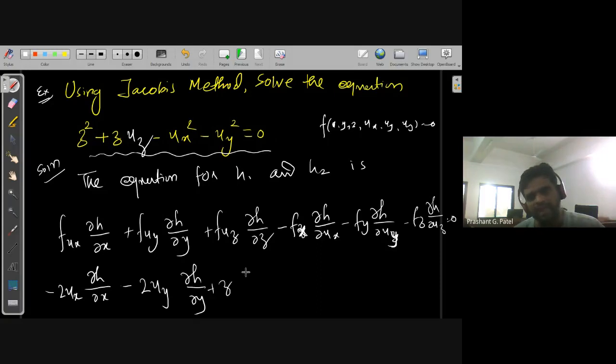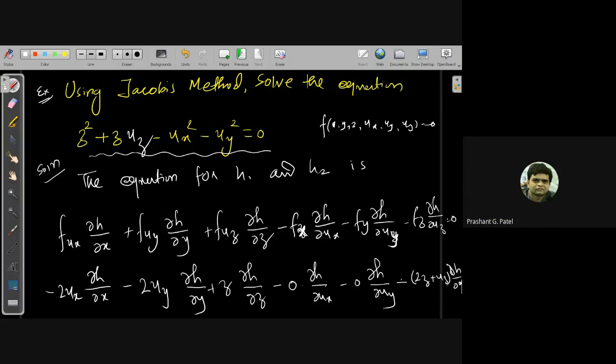So that's why it is z del h upon del z, minus fx, which is 0, into del h upon del ux, minus fy, also 0, into del h upon del uy, minus fz, that is 2z plus uz, del h by del uz equal to 0.